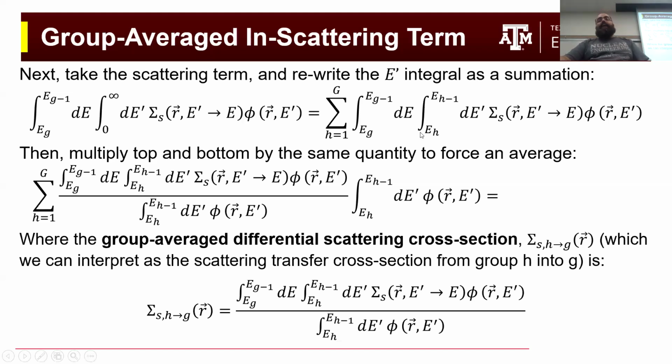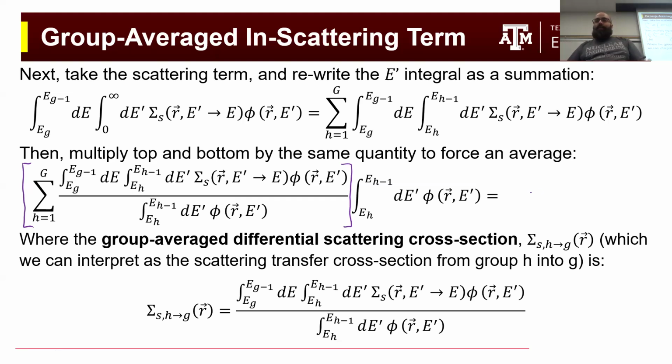And then I make a clever definition of an average by multiplying top and bottom of this expression by this integral, integrating that energy dependent flux, but just over the H group width, so from E sub H to E sub H minus 1. And then this quantity right here is basically representing the group average differential scattering cross section.